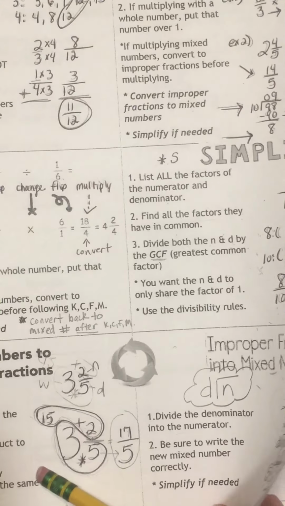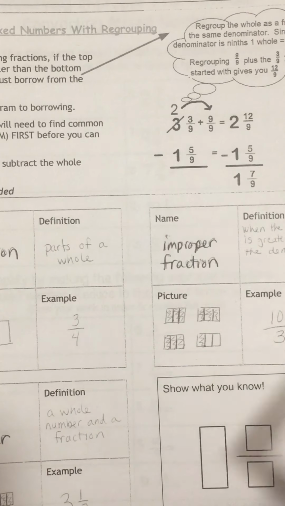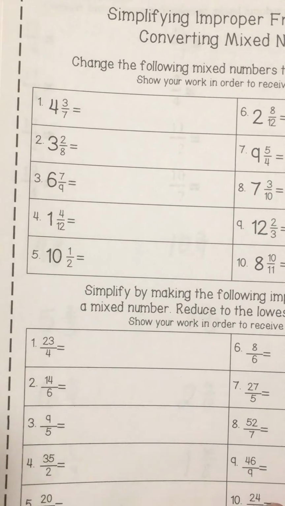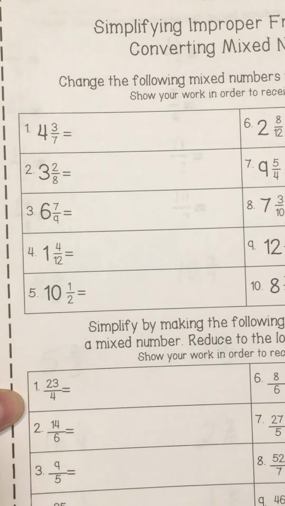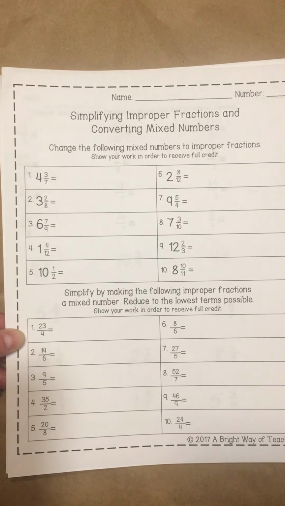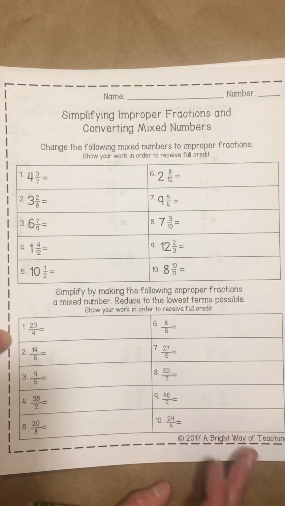Before we go to page 44 in the book, let's look at just a practice page. I'll just do a couple on each of these. I'm going to look at the top here: simplifying improper fractions and converting mixed numbers.